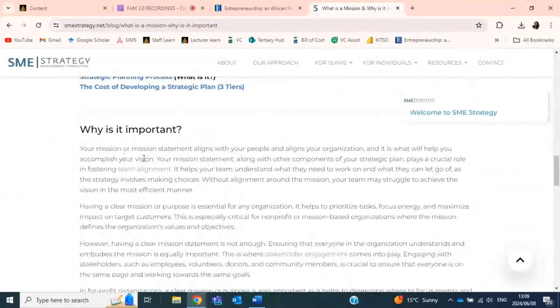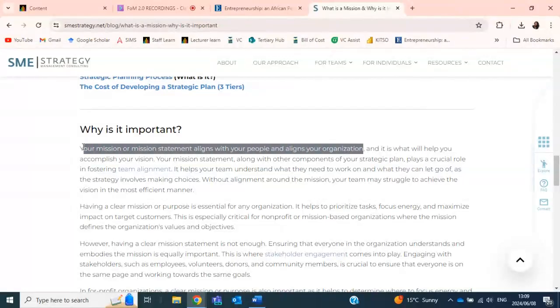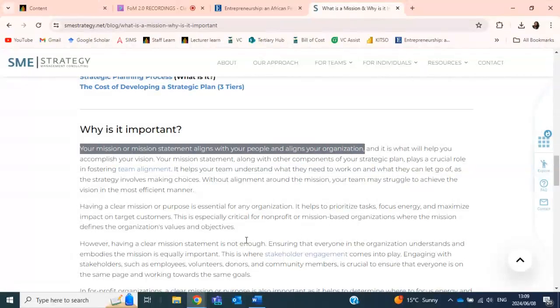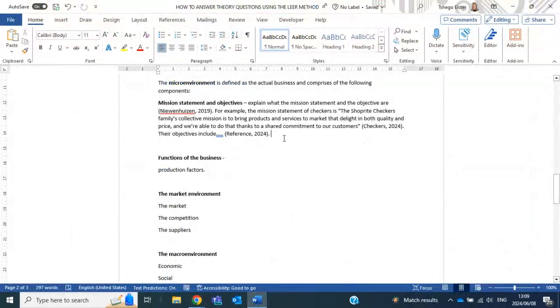So they're saying your mission statement, vision, I think they meant vision, aligns with your people and aligns your organization. I already like this sentence, so we're going to paraphrase it.